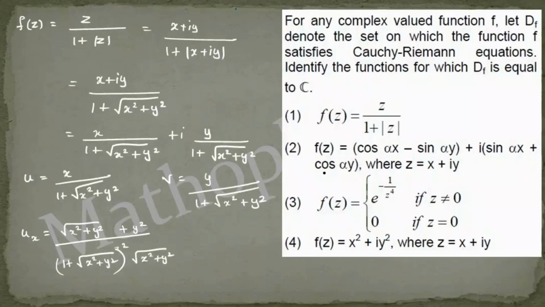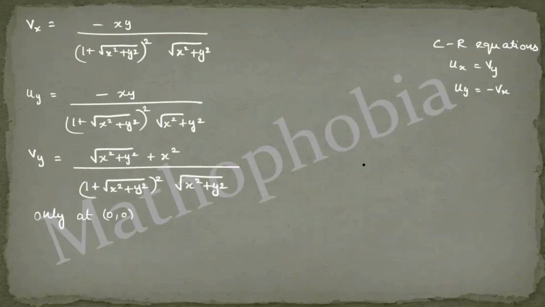Option 2 எனக்கு கொடுத்துருக்காங்க, f of z is equal to cos alpha x minus sin alpha y plus i sin alpha x plus cos alpha y. So option 2 la u is equal to cos alpha x minus sin alpha y. So ux will be equal to minus alpha sin alpha x and uy will be equal to minus alpha cos alpha y.